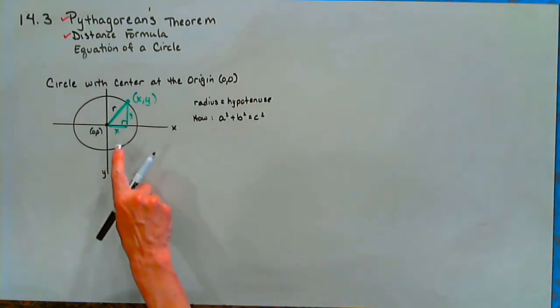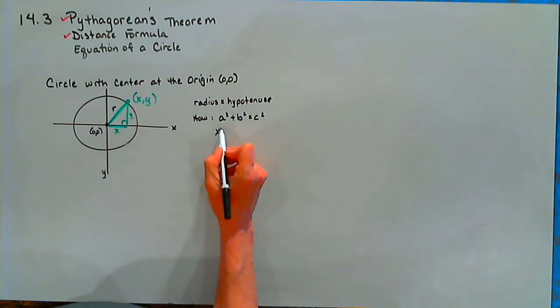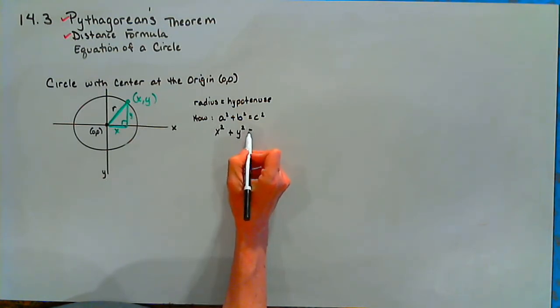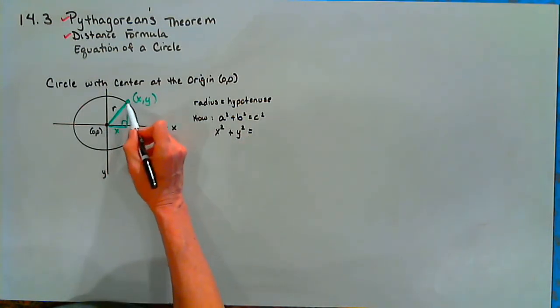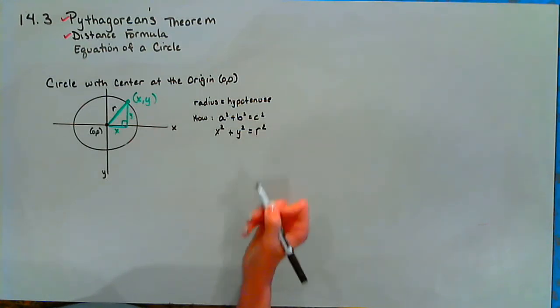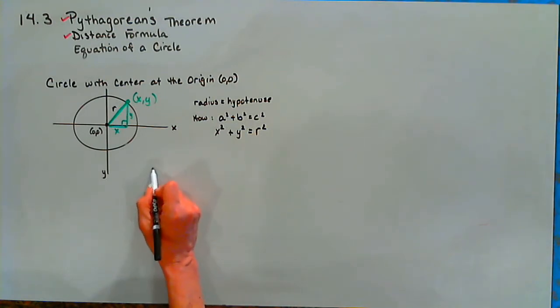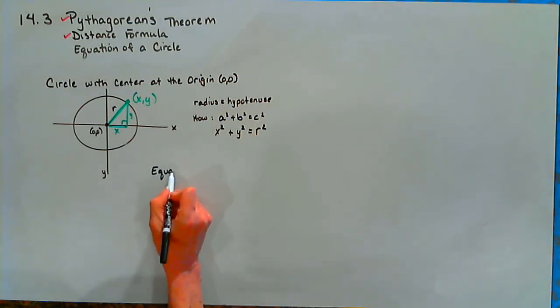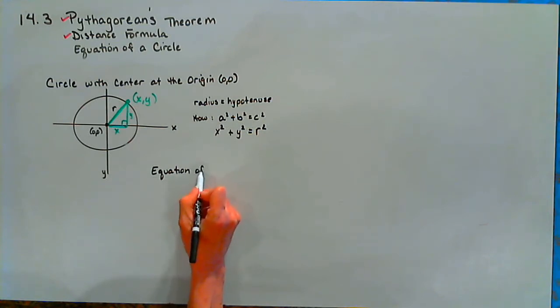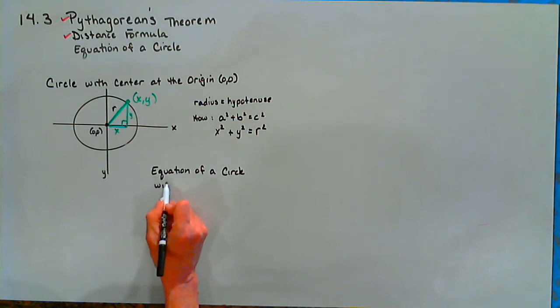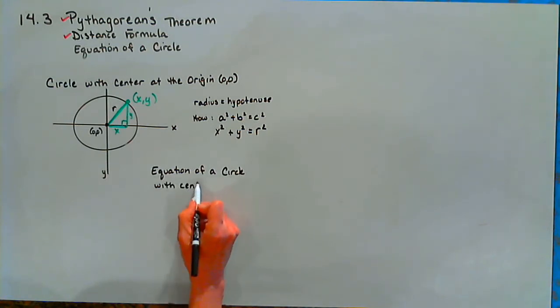One side we're going to call X, one side length we're calling Y, and our hypotenuse is also the radius of the circle. So what we have actually done is, by simply using the Pythagorean theorem, we have come up with the equation of a circle with center at the origin.